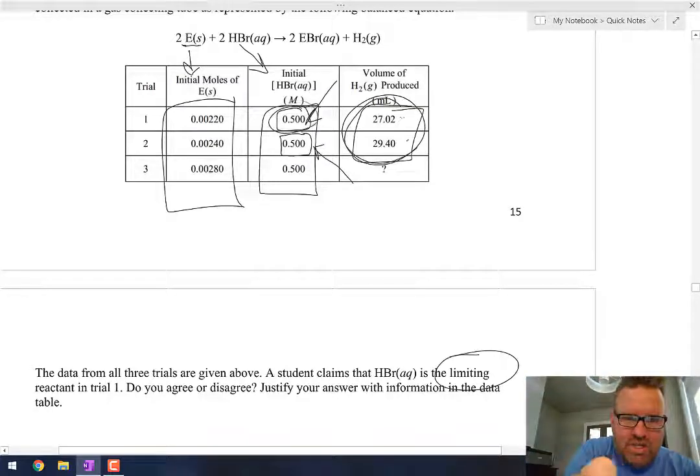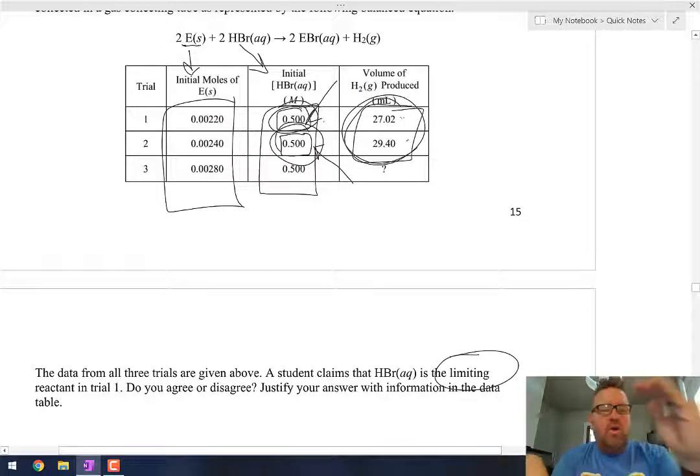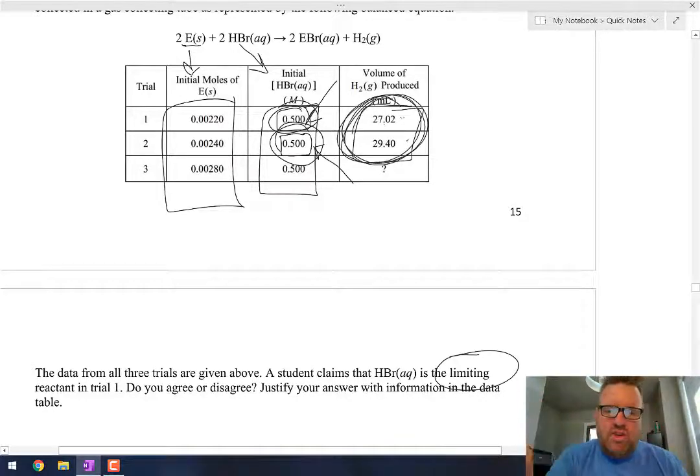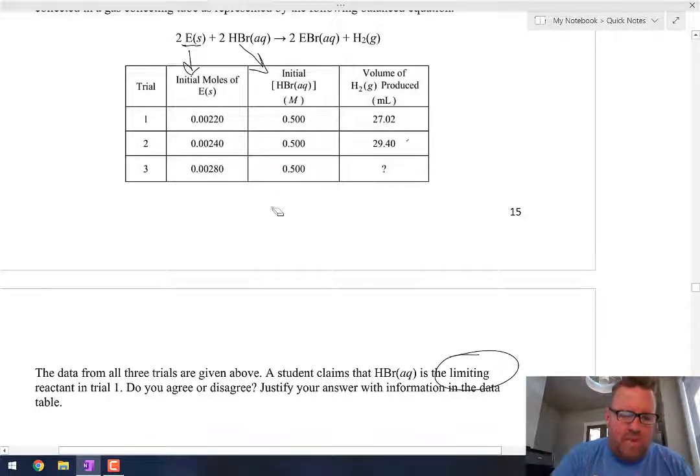So if the reaction stops when you run out of 0.5 molar HBr in both trials, then your volumes of hydrogen would end up being exactly the same. However, notice that the moles of E do change, and that causes the volume of hydrogen to also change.